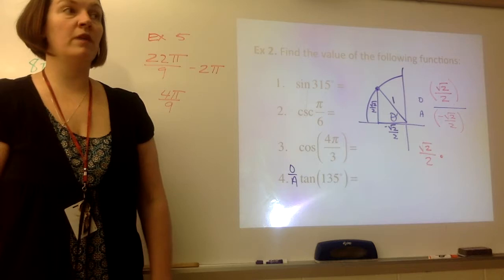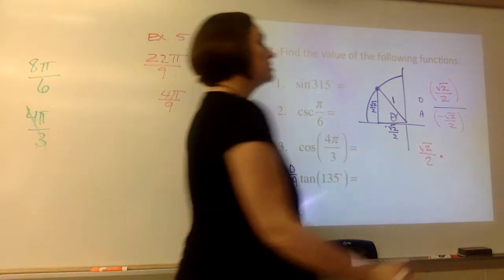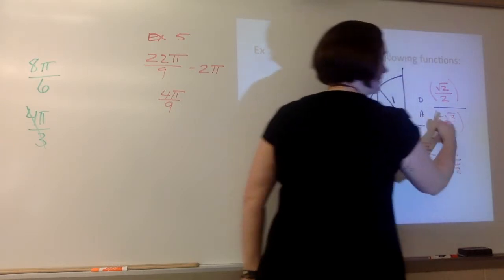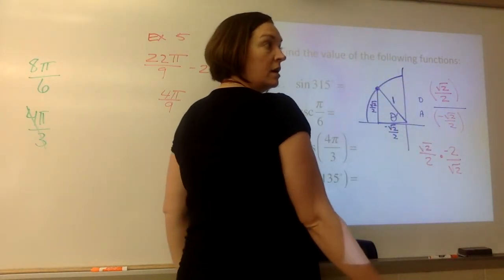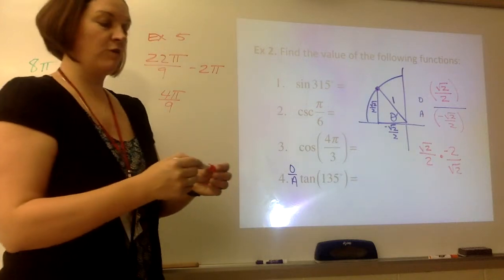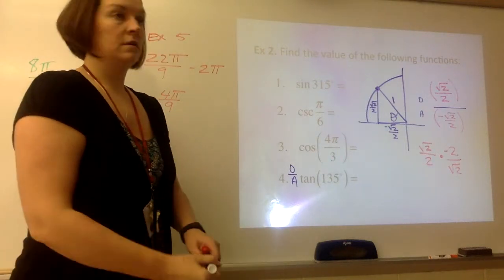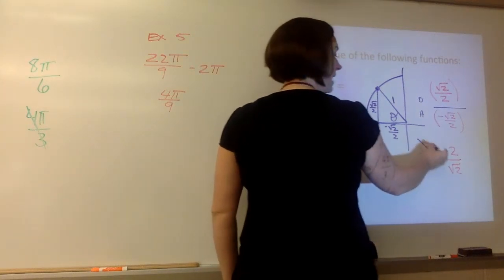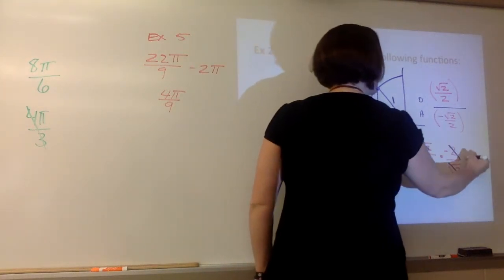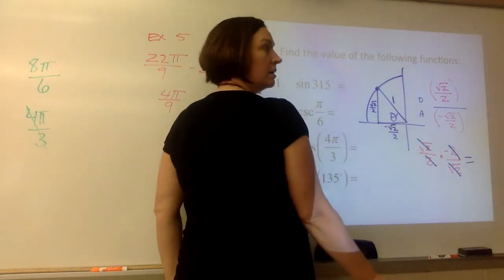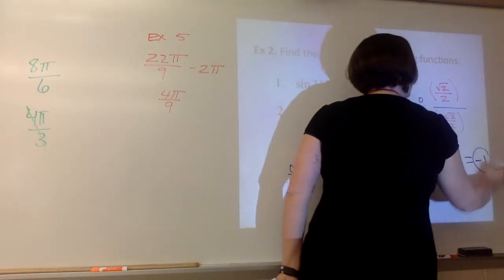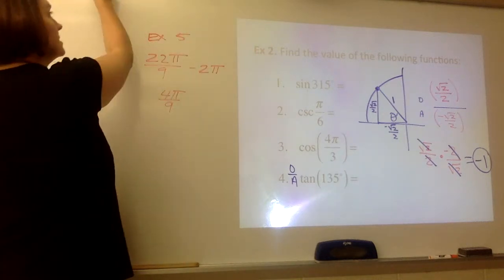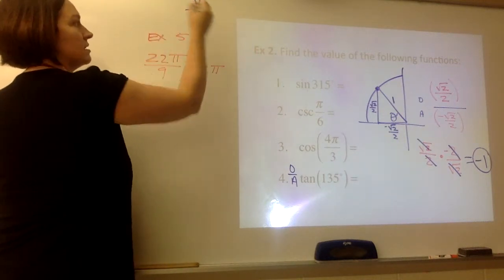What do I multiply the numerator by? 2, don't forget the negative, over root 2, correct? This is a negative, so this has to be a negative. Now I'm multiplying, so what's the great thing I get to do? Cancel, cancel, leaves me with what answer? Negative 1. Anytime everything cancels in a fraction, the answer is 1. Think about it: 7 divided by 7 is not 0, it's 1.